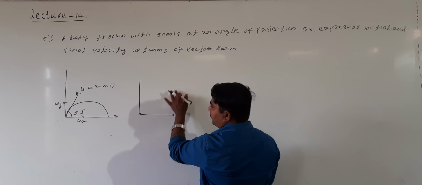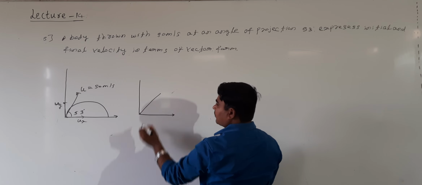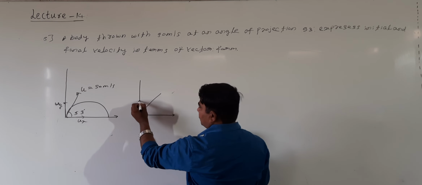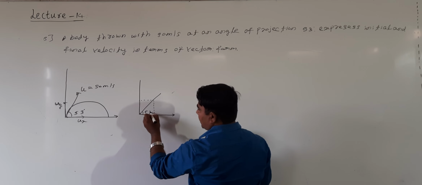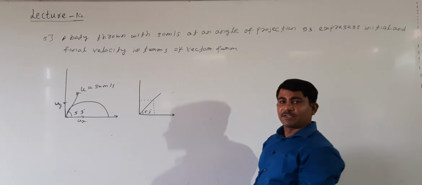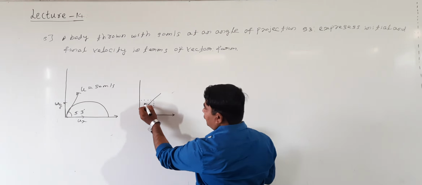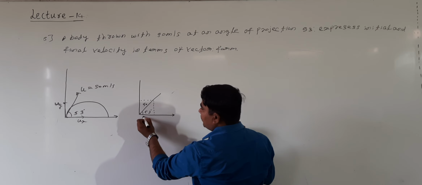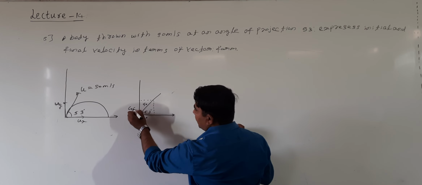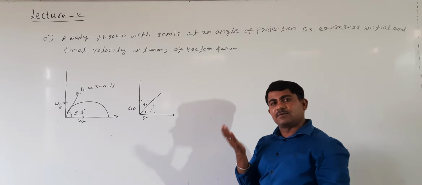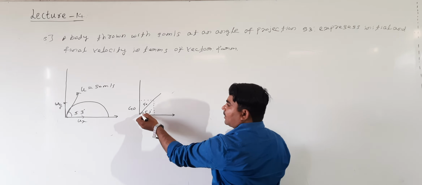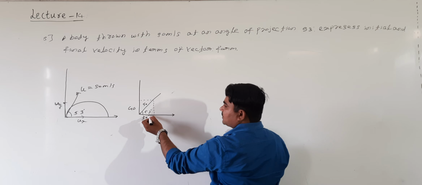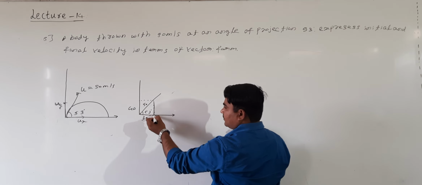If it is 53 degree and this is 50, then this becomes 30 and this becomes 40. You can check it with triangle of vector addition, or with Pythagoras directly. If it is 5, this becomes 3 and this becomes 4.